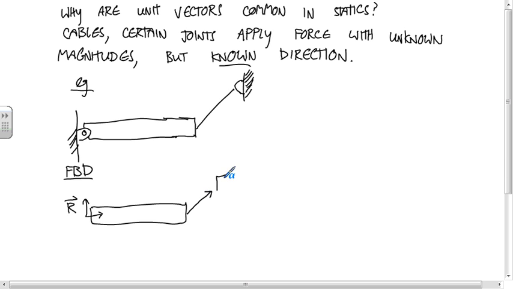So now let's say there's a cable tension T applied in this direction. To represent this as a force vector, we don't know either component.